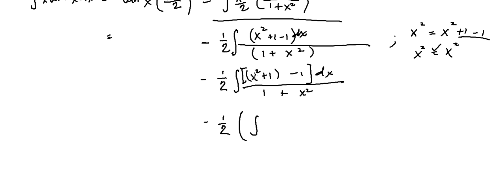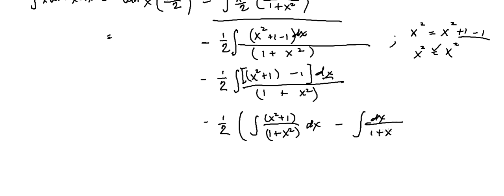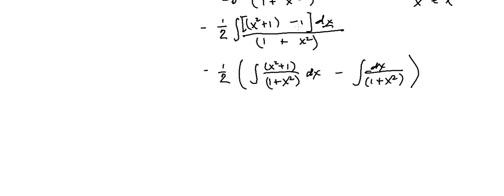So we have x squared plus 1 all over x squared plus 1, or 1 plus x squared. We have 1, right? Then we have the integral of dx all over 1 plus x squared, right?